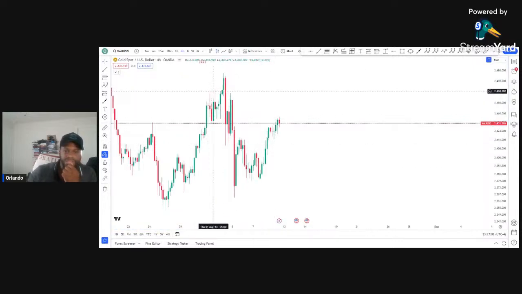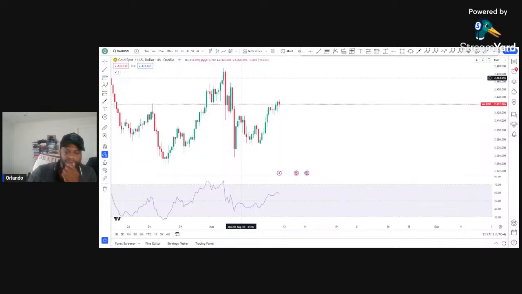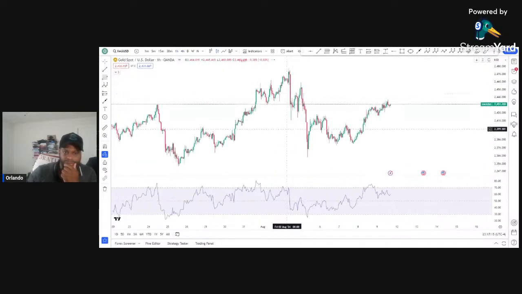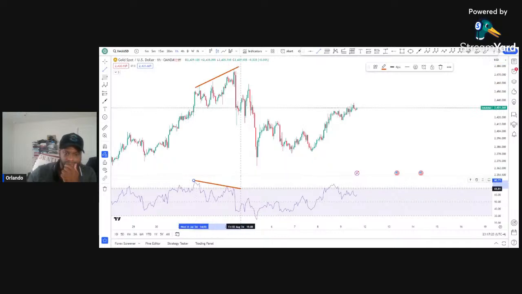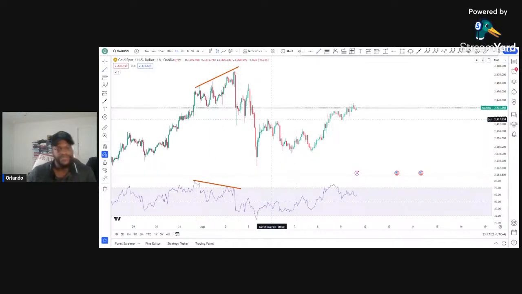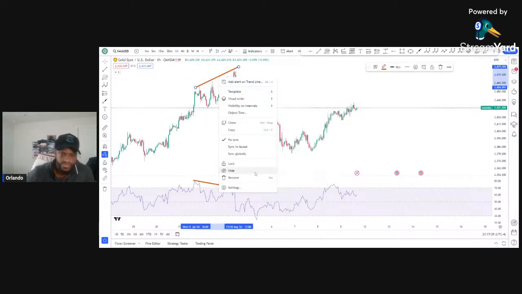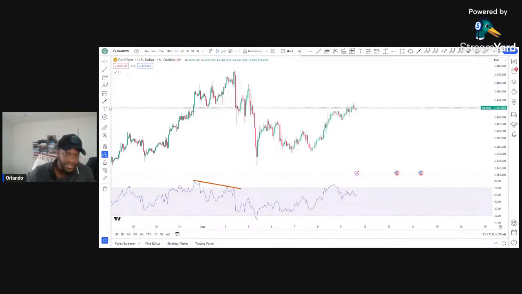So you can see how this is slanting upward, right? You can't really identify it on H4, but on H1 you can definitely see that divergence and change of character. You see this right here, price slanting upward, price slanting lower, midpoint, change of character area, right? So what you want to do is this, okay?